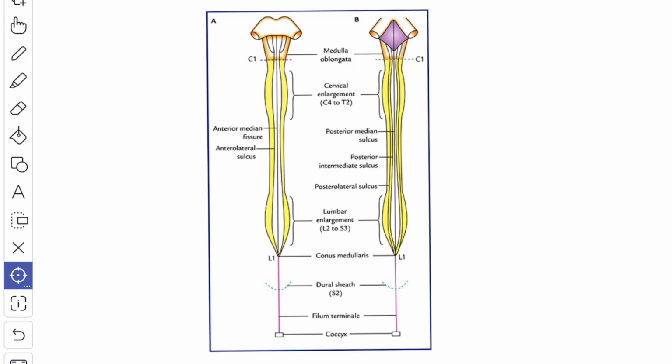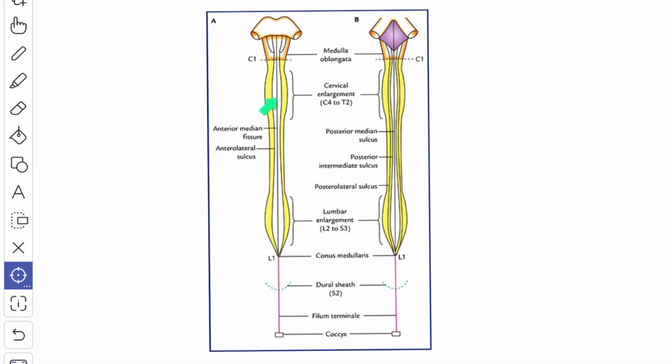So first we'll study about the fissures and sulci. This is the anterior aspect of the spinal cord and this is the posterior aspect. The anterior aspect presents an anterior median fissure, and you have two anterolateral sulci.